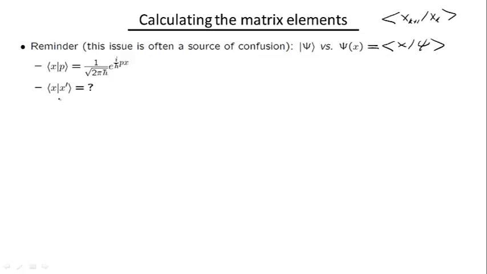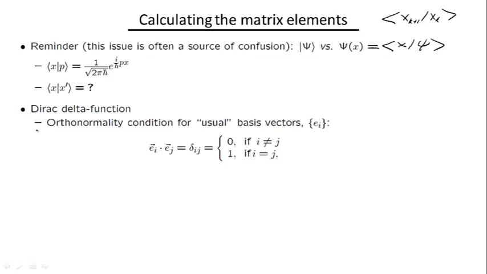Let's say x prime. In order to answer this question, we need to remind ourselves or introduce, for those of you who don't know, the notion of the Dirac delta function, which is exactly the matrix element we're after. To introduce it, let me recall a few very simple facts from usual linear algebra.